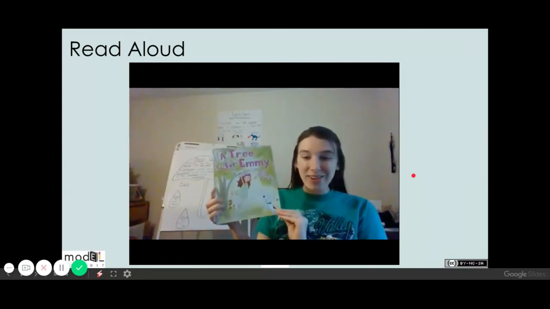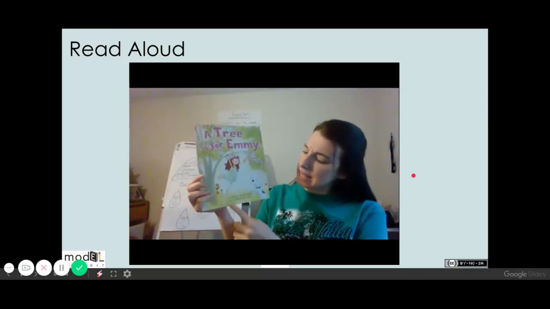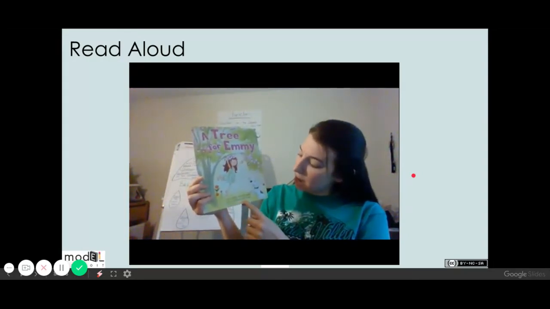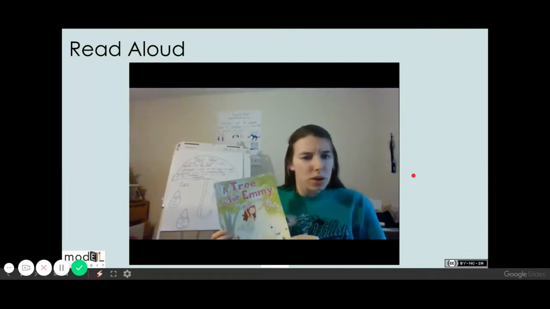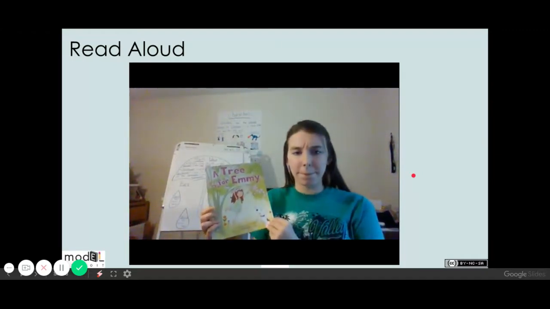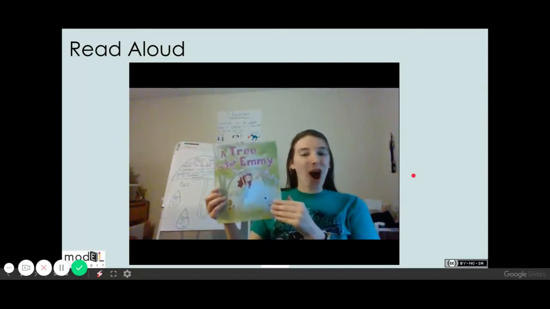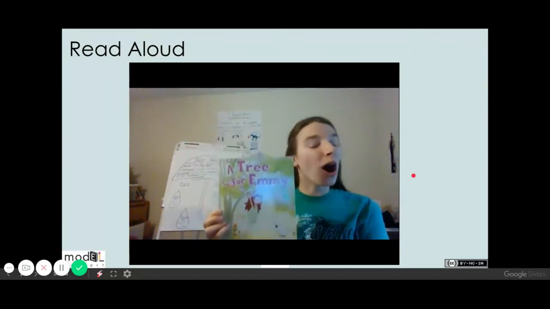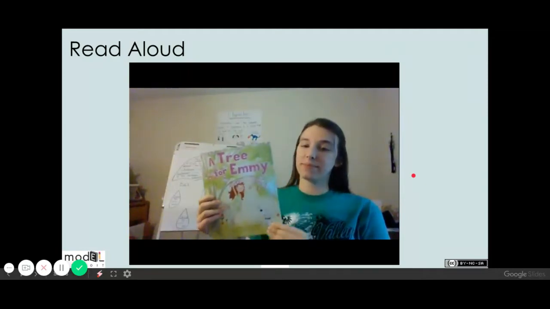Yes, the author. So smart. And then it says, illustrated by Tatiana Maiweiss. An illustrator, what do they do? Yes, an illustrator draws the pictures. So the author wrote the book and the illustrator drew the pictures.